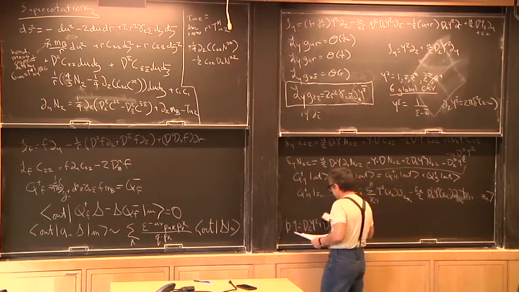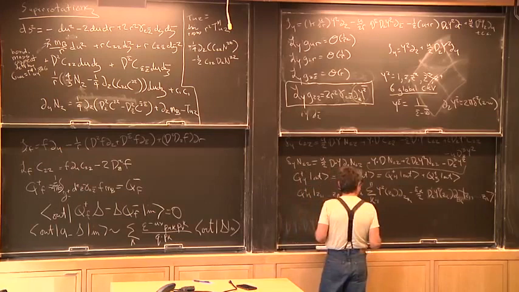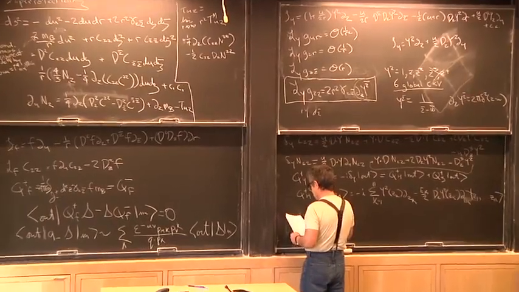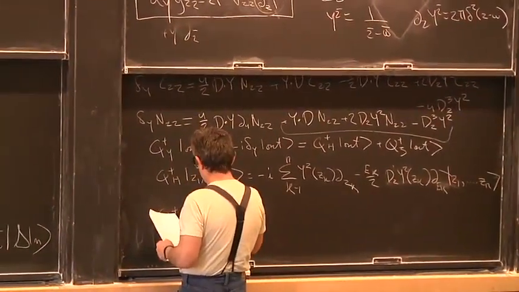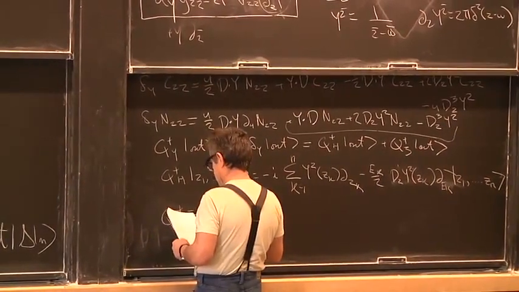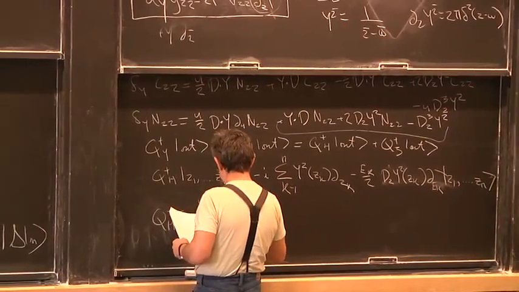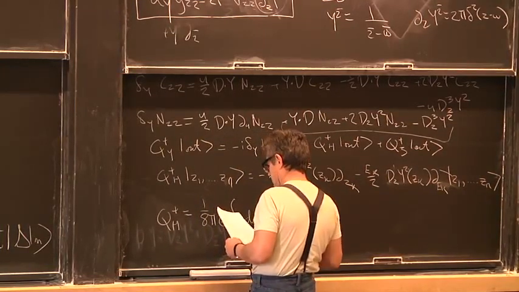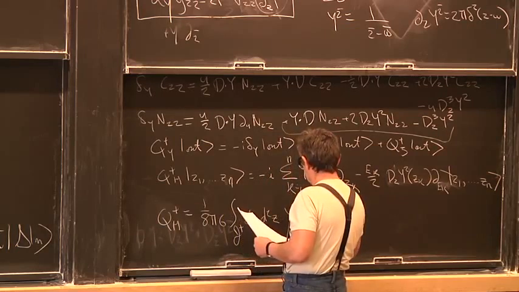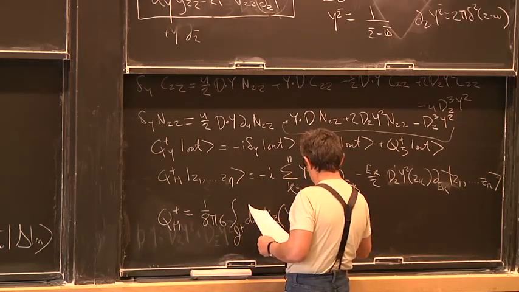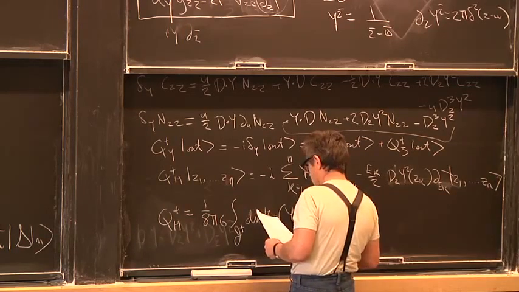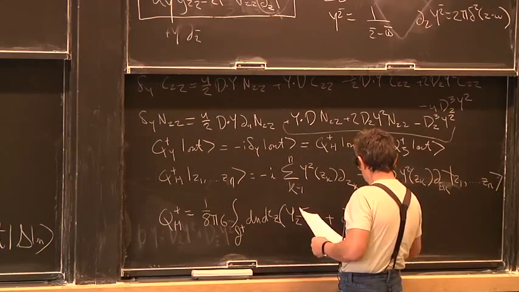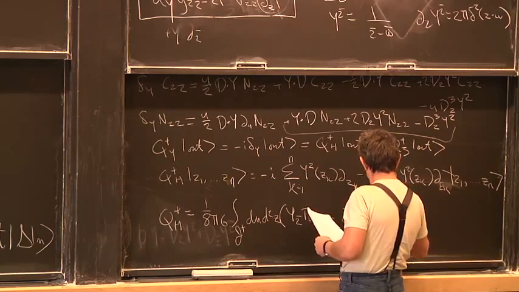Well, the operator that would do that is Q hard plus equal to 1 over 8 pi G, integral over scribe plus du d squared z, yz bar tuz plus dz yz bar u tuu.